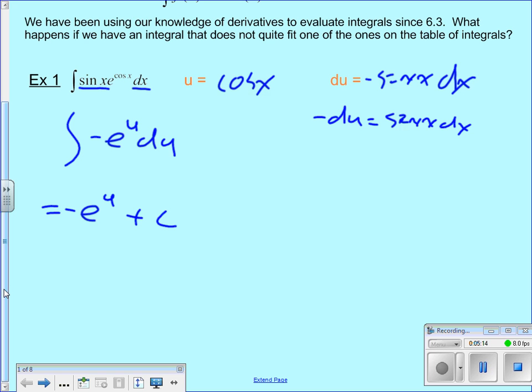Now, did I begin my equation in terms of u? No, I began it in terms of x. So I need to take u and put whatever u is in terms of x back in. Negative e to the cosine x plus c.